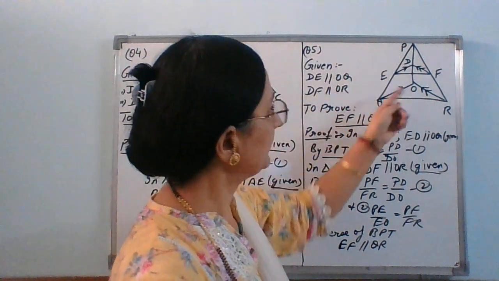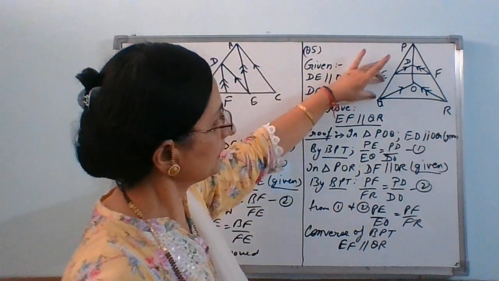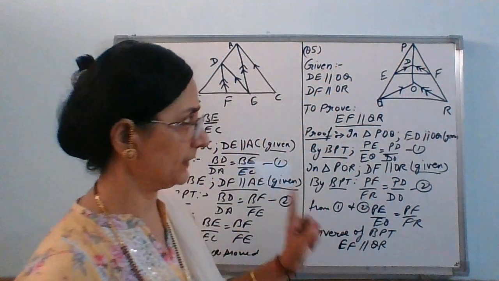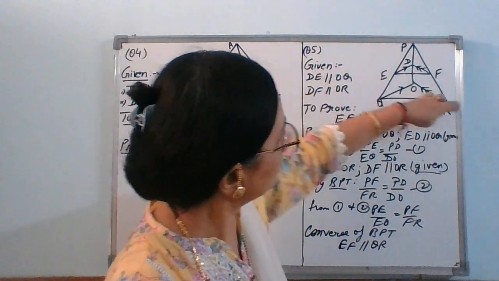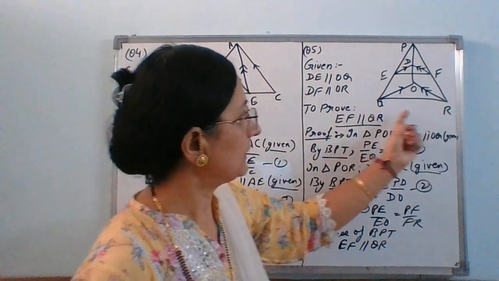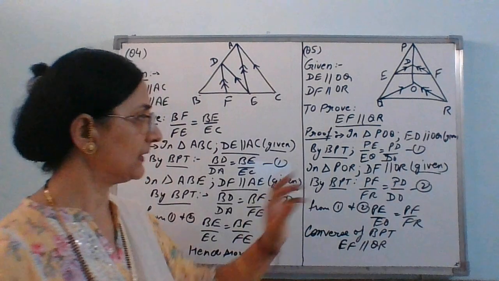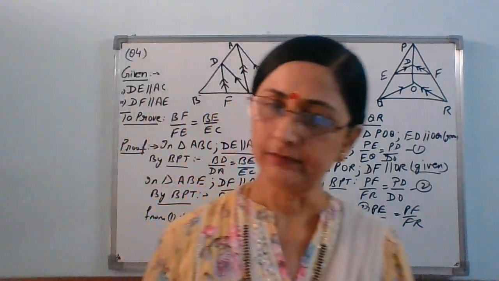So the middle PD and DO was common to both, so it became the same, and we equated PE upon EQ is equal to PF upon FR from 1 and 2. When in this whole triangle this ratio is equal to this ratio, EF is parallel to QR by the converse of BPT, right? So here we applied BPT two times and the converse also.